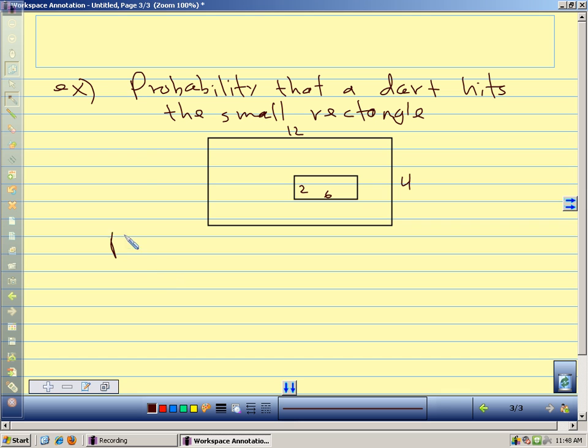So the probability, what is the favorable area? Which one is the favorable area? We're trying to hit the small rectangle. So the favorable area is 2 times 6. And the total area, 12 times 4.